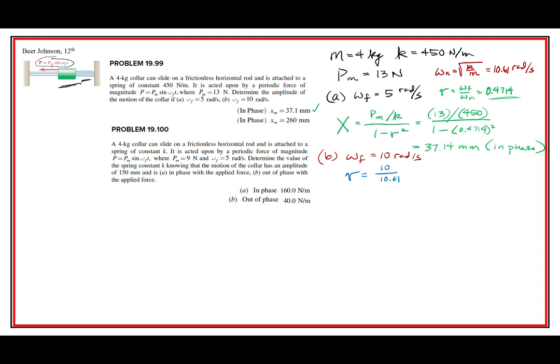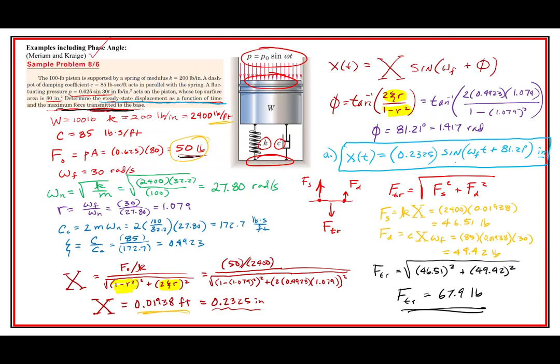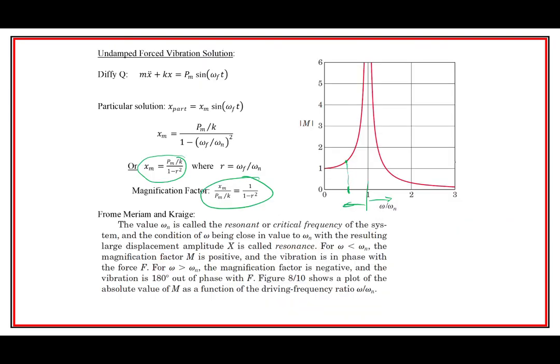I was thinking that was going to be out of phase, but you can see right from there it's going to be in phase. This gets really close, 0.9425. So we can expect, coming back to this, that the magnification factor is going to be large.